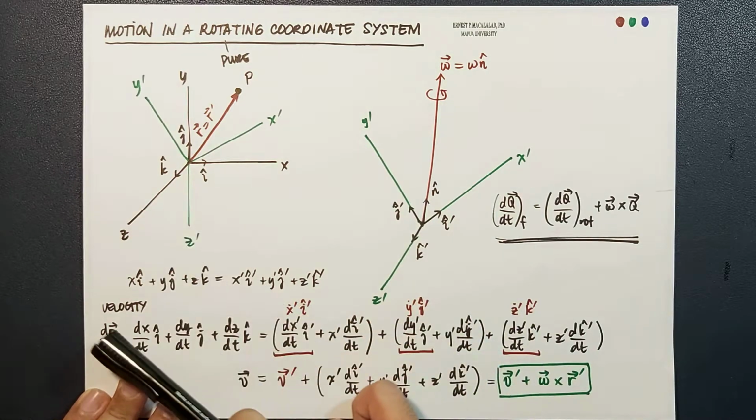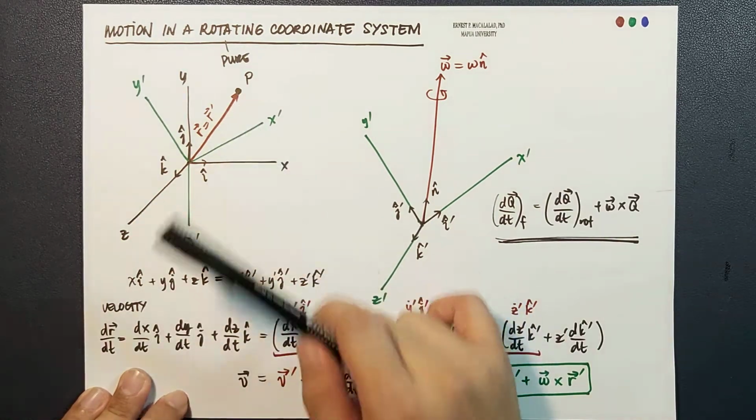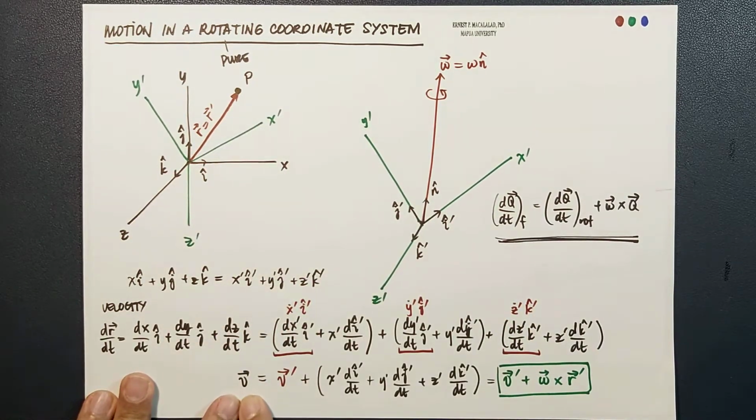So when we calculated the velocity of a particle, the velocity of a particle with respect to the fixed frame is equal to the velocity of your particle with respect to the rotating frame plus a velocity term due to the rotation of your coordinate system represented by your omega.